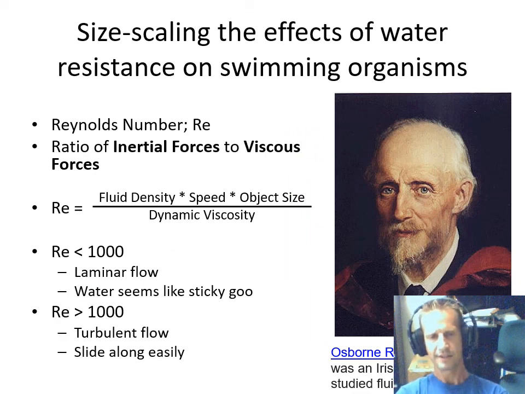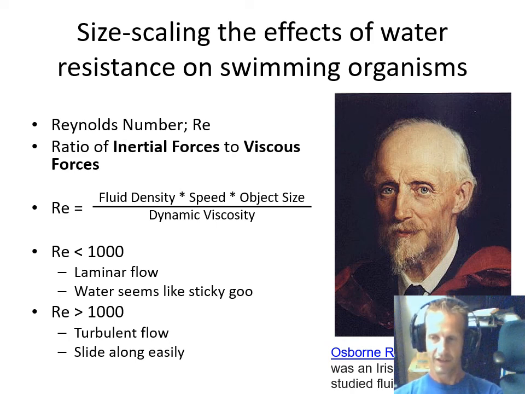So to a small organism, vertical migration is a really difficult journey. And it's not just because the relative distance is large, it's because there are physical changes in the way that the fluid medium is perceived by these small organisms relative to the way larger organisms can pass easily through the fluid medium.